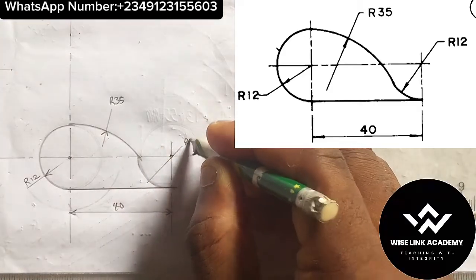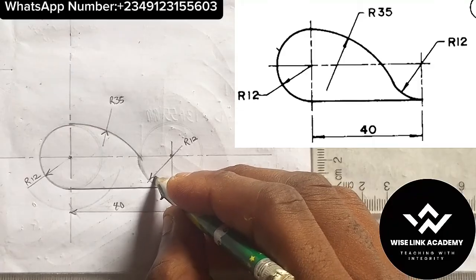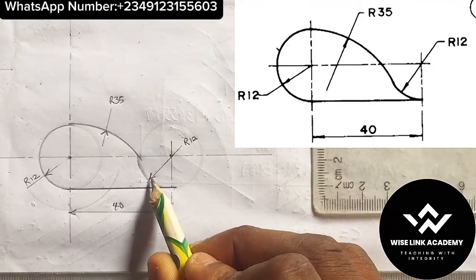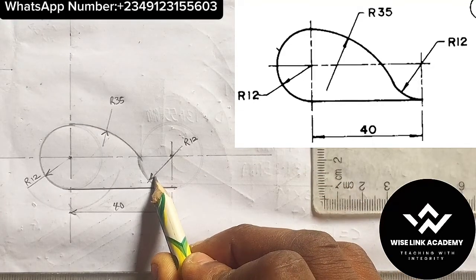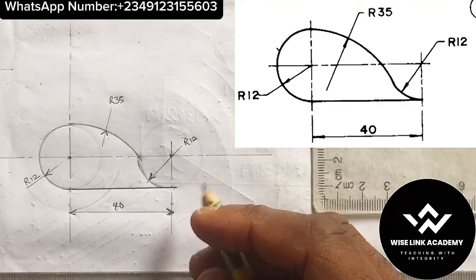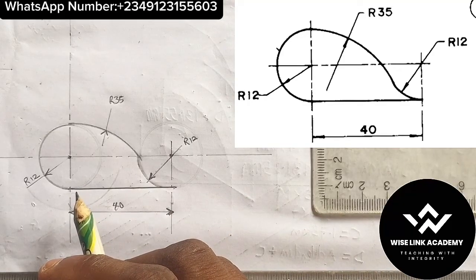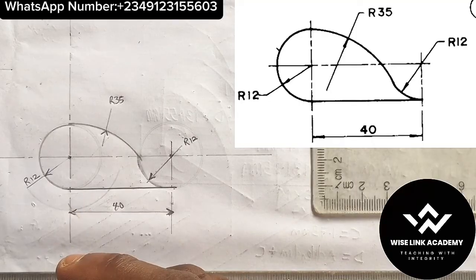So this is R12, as you can see. So this becomes my R12, as you can see in front of you. So I have this as my 40. So this is the concept on how to produce this figure using the principle of tangency concept.